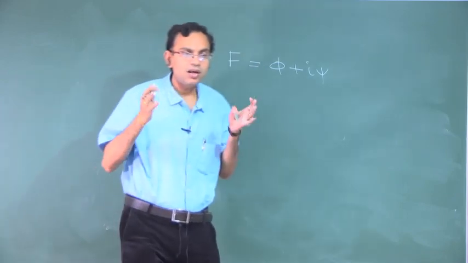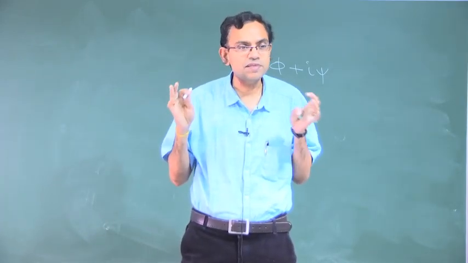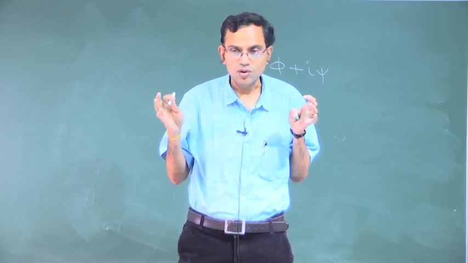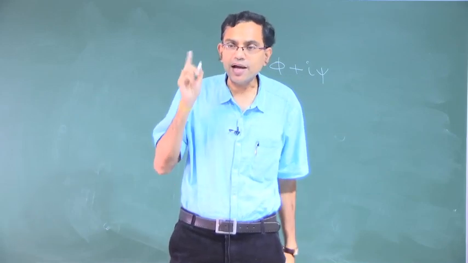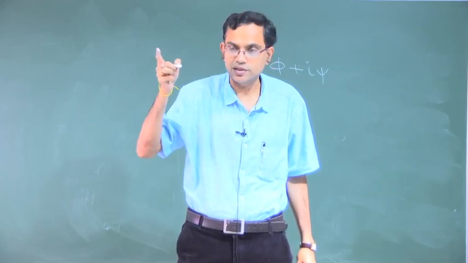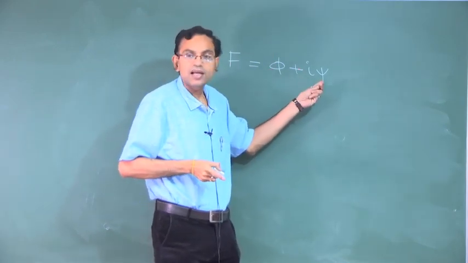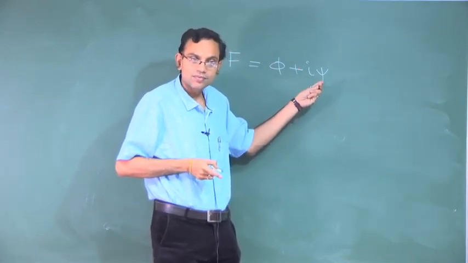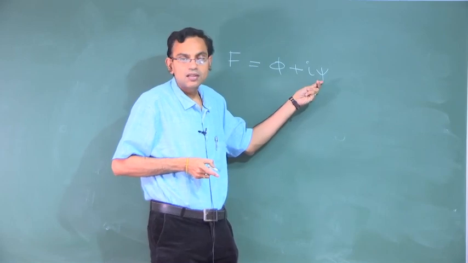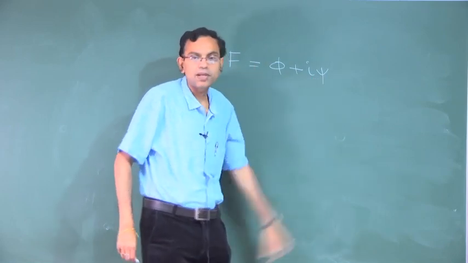See, just recall we write a complex number z as z equal to x plus iy. What is the basic premise on the basis of which we write it? x and y are in orthogonal direction, right. So, here phi and psi are in orthogonal direction, therefore, except at the stagnation point, we can define a complex function like this.